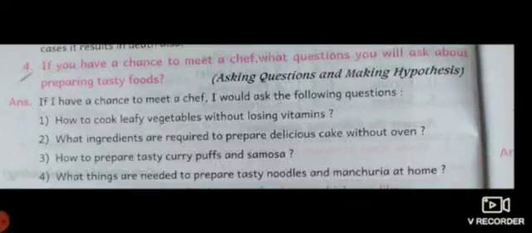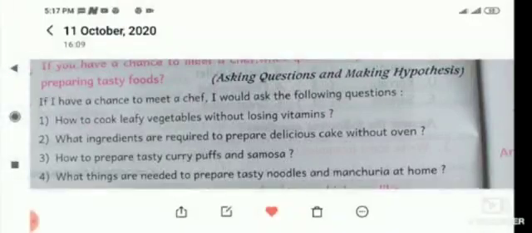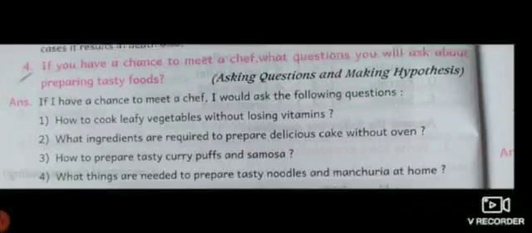How to cook leafy vegetables without losing vitamins? Children, how can we cook leafy vegetables without losing vitamins, do you know? Yes, we can cook leafy vegetables by pouring only some water, and by steaming it we can cook leafy vegetables without losing vitamins.